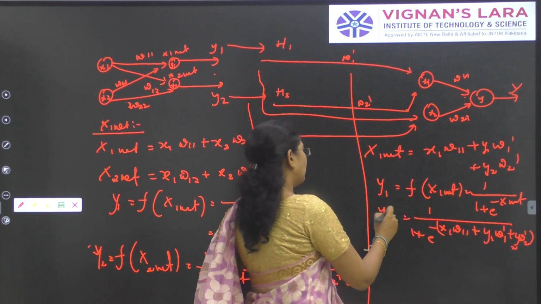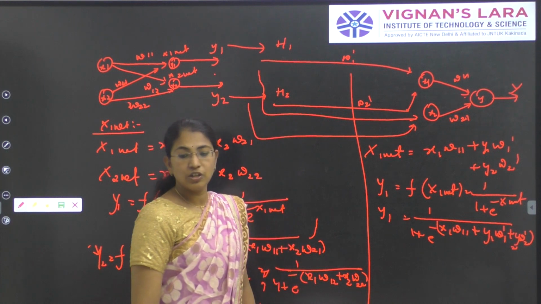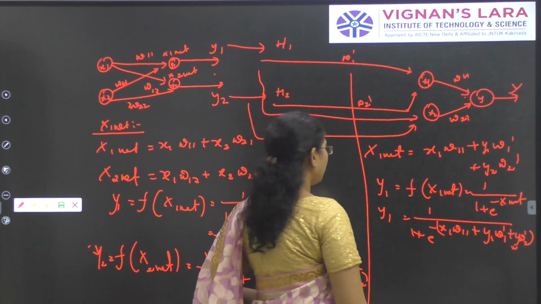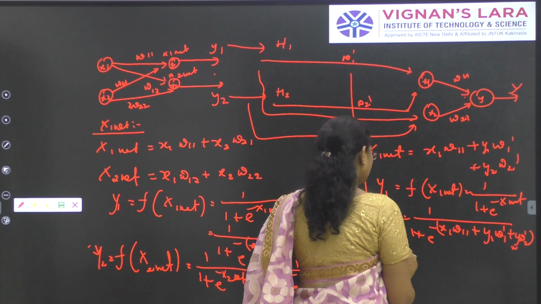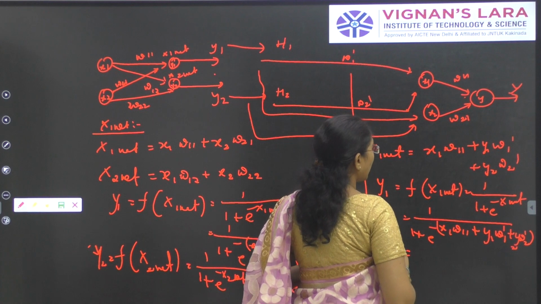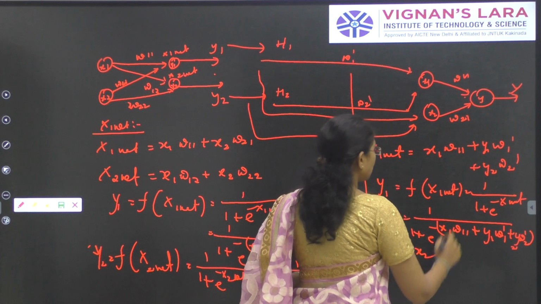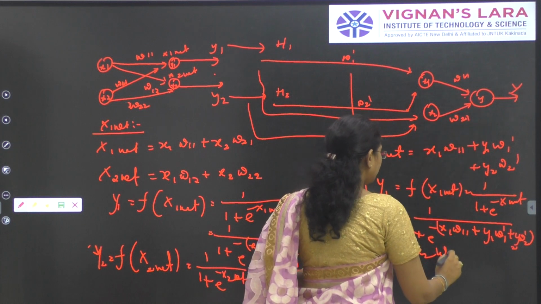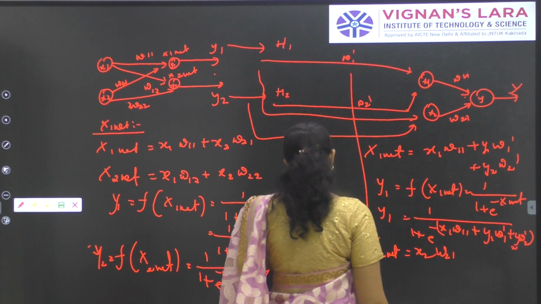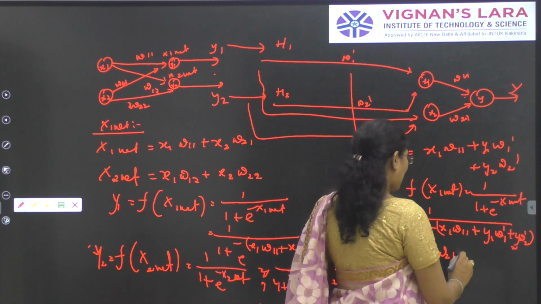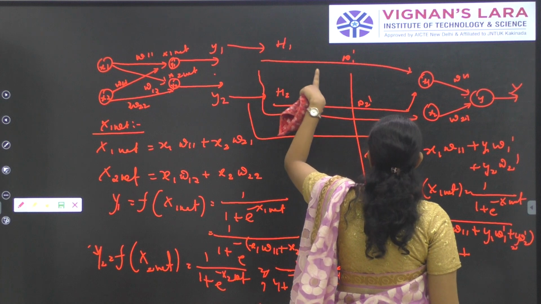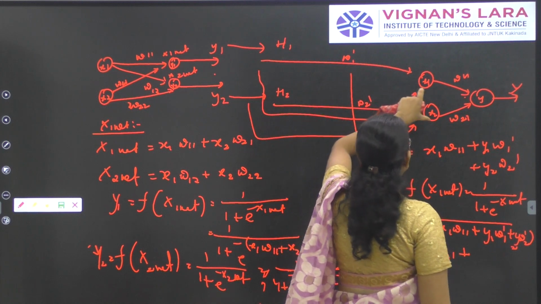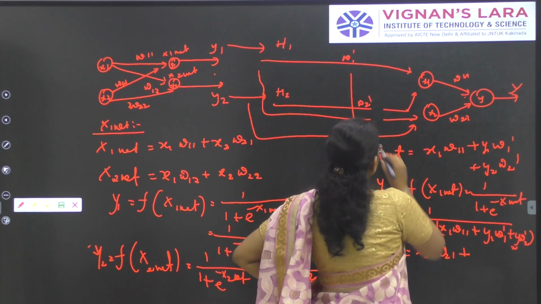This is your y1. Now you need to find x2 net, which is equal to x2 into w21 as one of the inputs, plus again the two inputs y1 and y2 are fed as inputs to x2.